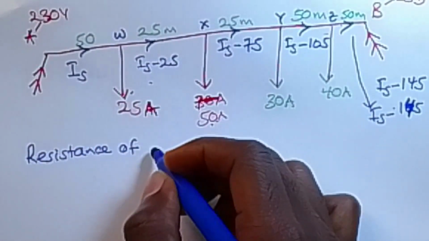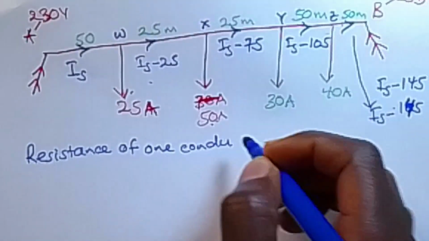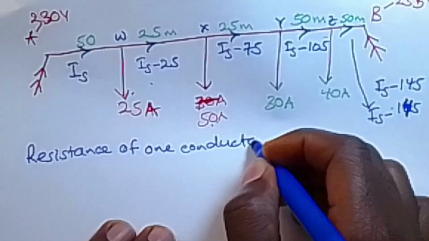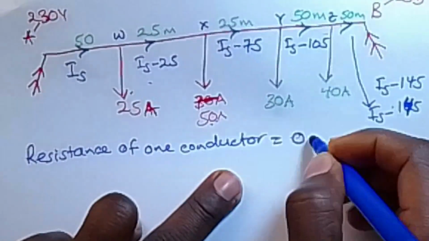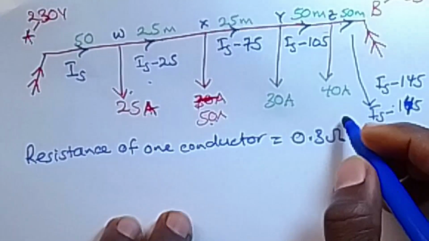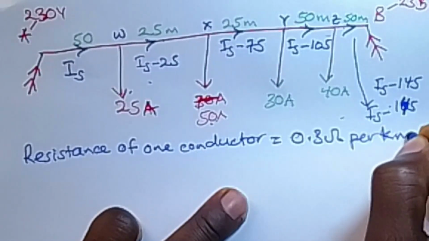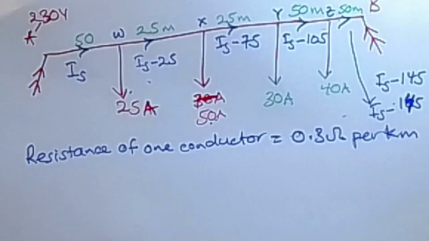The resistance of one conductor was 0.3 ohm per kilometer.